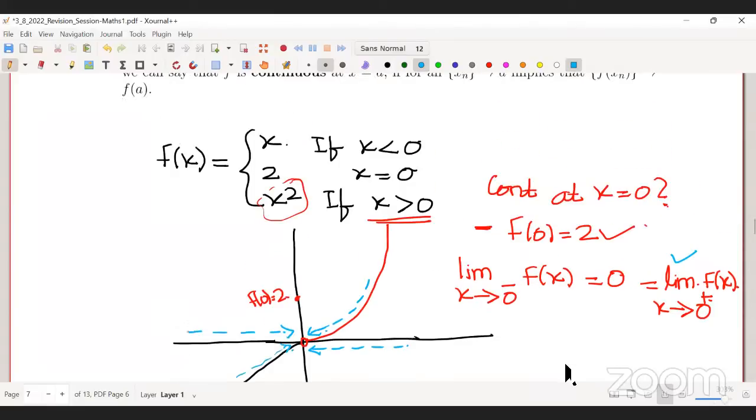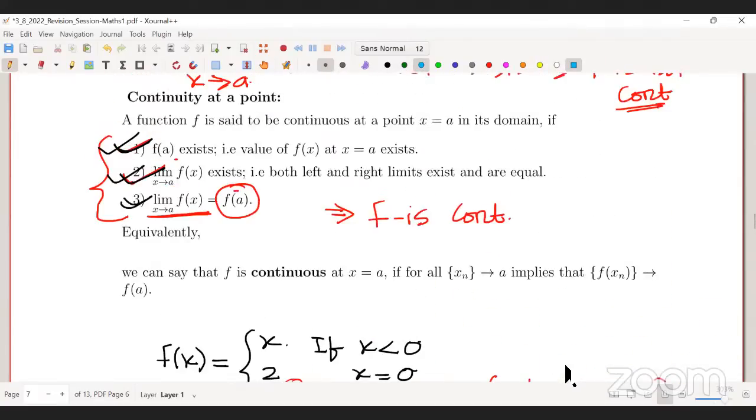So both the left hand limit and right hand limit exist and they are the same, right? So the limit of the function at x equal to 0 exists. So I have checked the first step, and the second step is also fine.